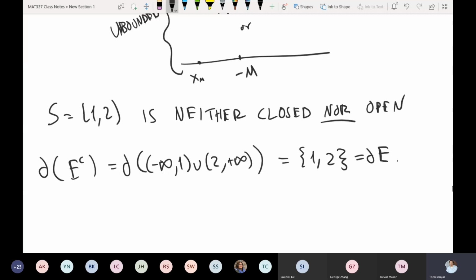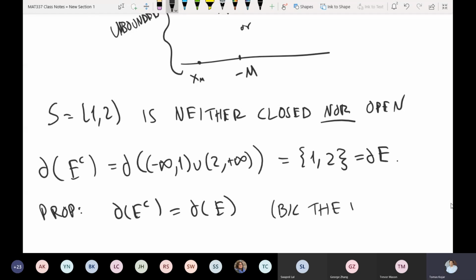You can in fact prove that in general: the boundary of the complement is equal to the boundary of E, and that's because the definition is symmetric.